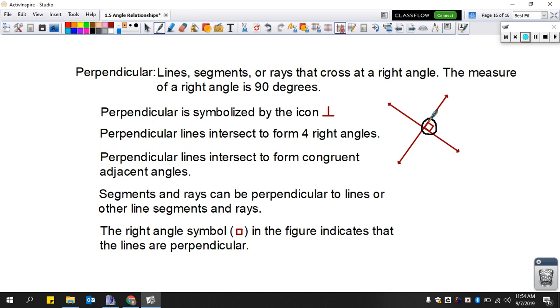They may be a measure that is very, very close to 90 degrees, but unless it's exactly 90 degrees, they're not perpendicular. So be careful with figures: just because they look like they cross at 90 degrees does not necessarily mean that they do, unless they have the little square in the corner.